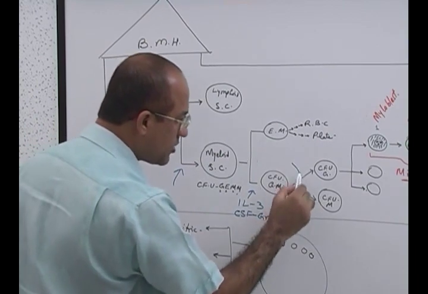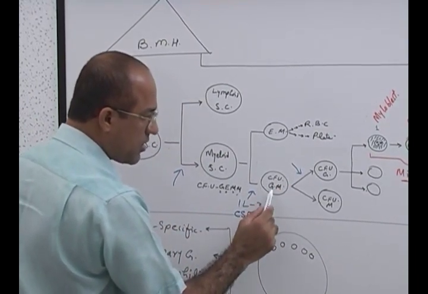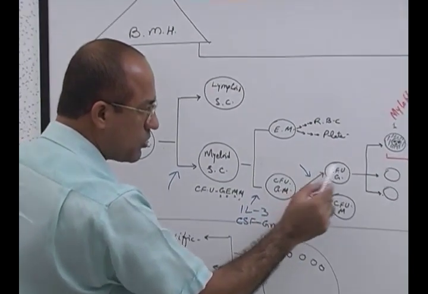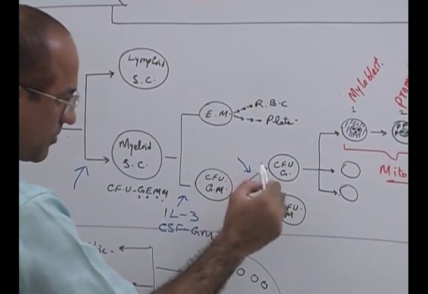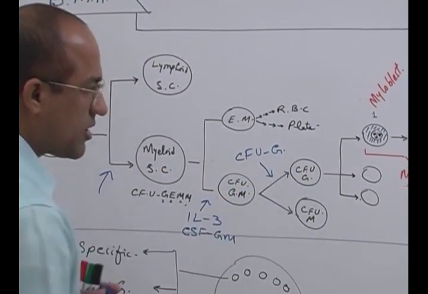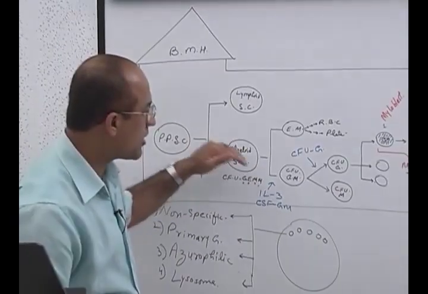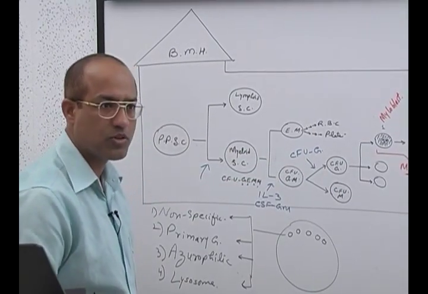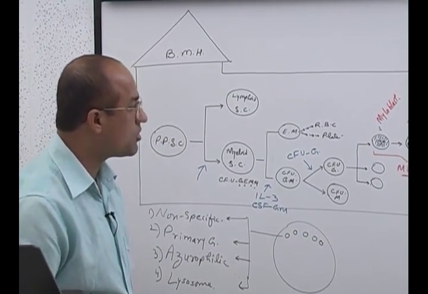Then further, the colony forming unit granulocyte monocyte converts into the colony forming unit granulocyte. These are cytokines which work at different stages and control the process of formation of granulocytes. Is that right? Why is it so important to know that?